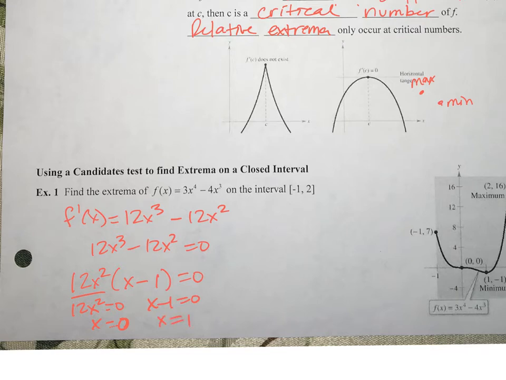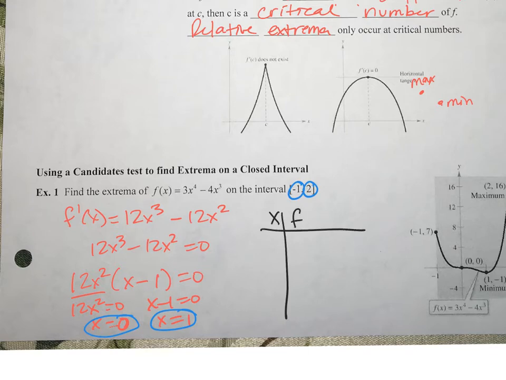Okay, so now we have found all of our candidates where a relative maximum or a relative minimum could occur. So our candidates are: we have endpoints at -1 and +2. We also have a derivative equal to 0 where there's a horizontal tangent at x equals 0 and x equals 1. So now we're going to make what's called a candidates test. To make a candidates test, just make a t-chart, make a column for x, and then make a column for f of x.